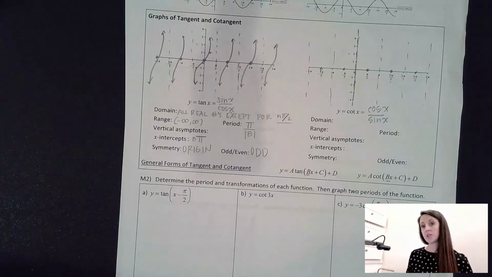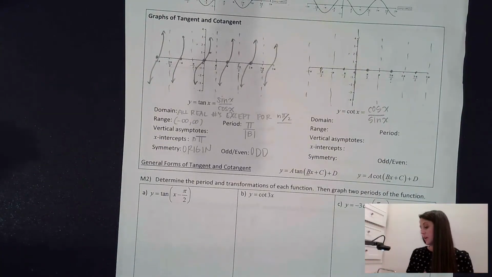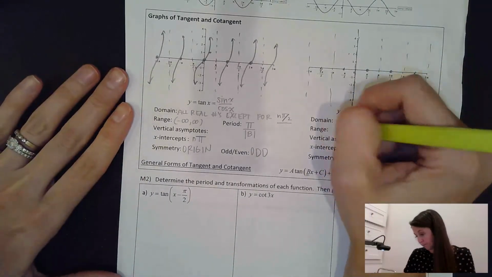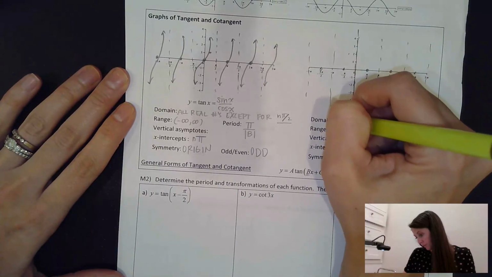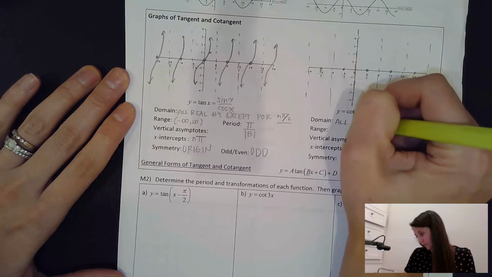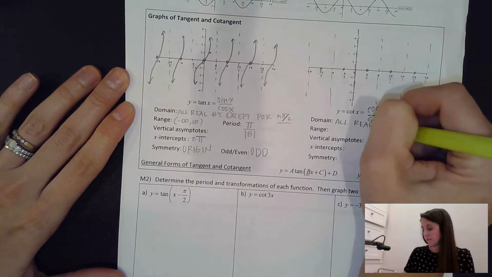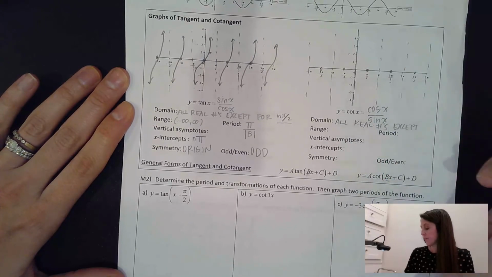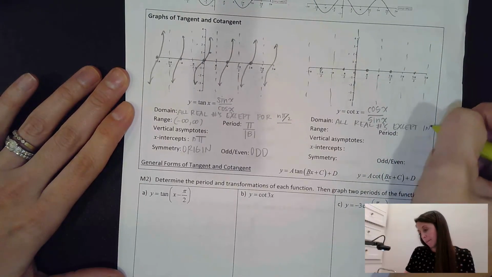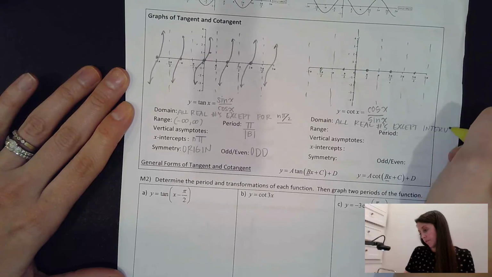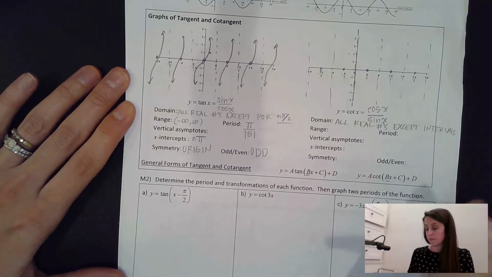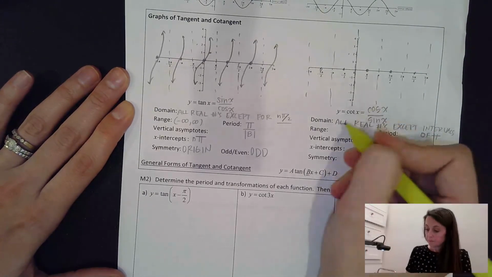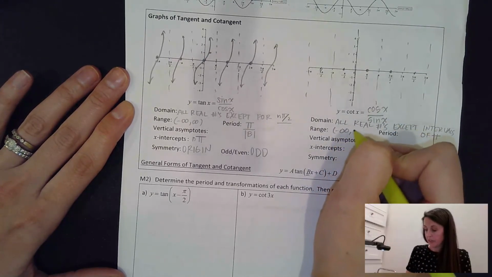So the asymptotes are changing a little bit. The domain here is going to be all real numbers except for intervals of pi. Range is going to be negative infinity to infinity.